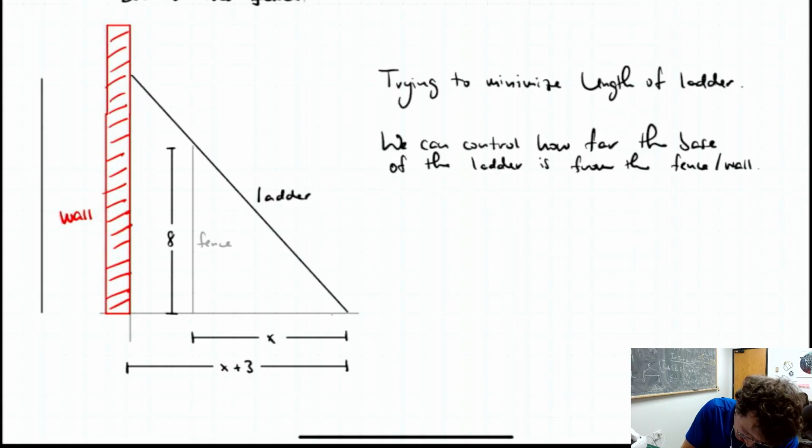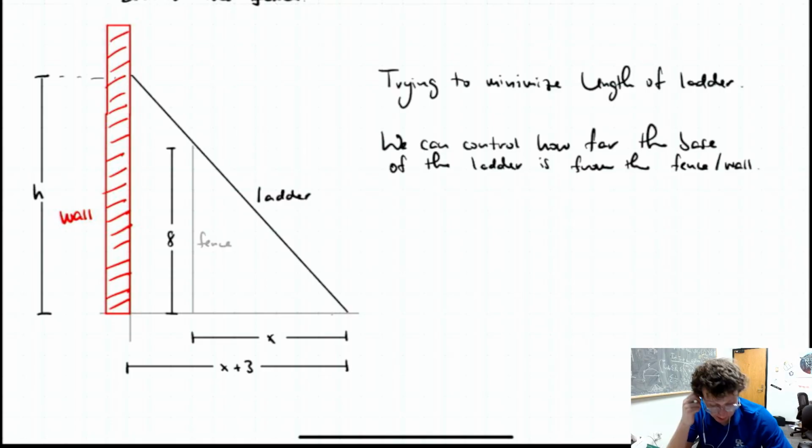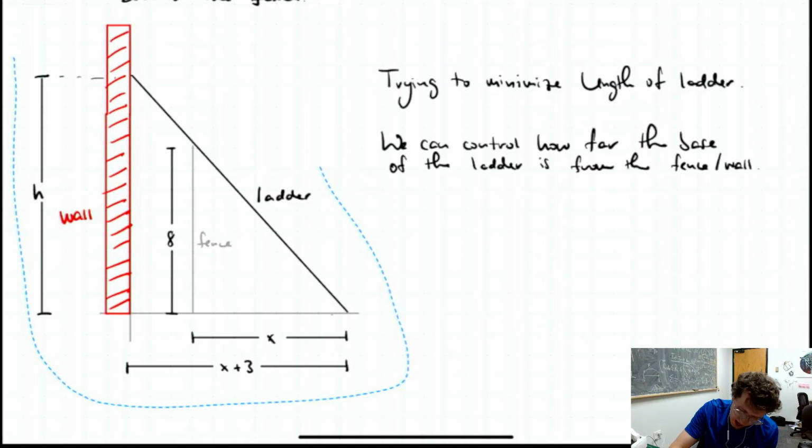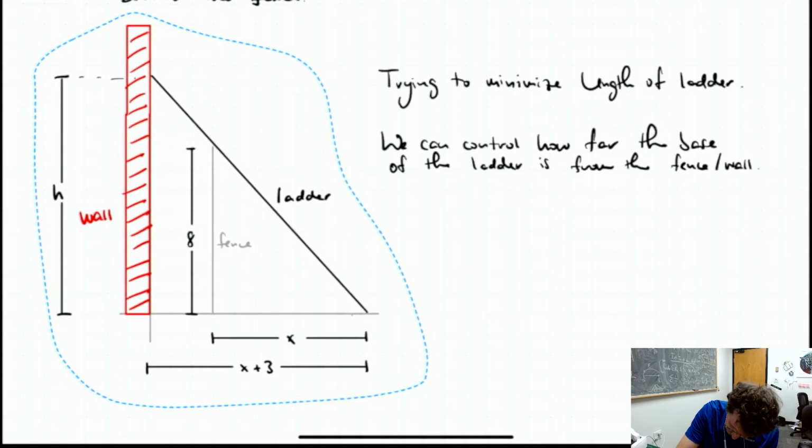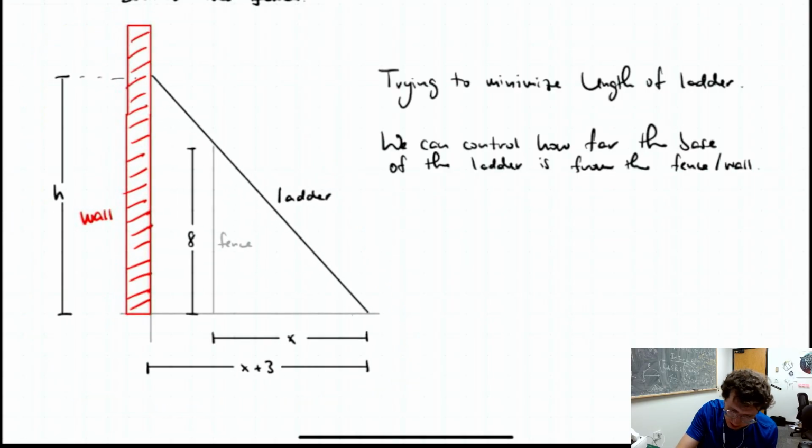And I specifically mean the height of the top of the ladder above the ground. I'm going to call that h for now. Obviously, I don't want h in my final equation because I always want my function to just have one variable, and I want that one variable to be the thing that I can control.